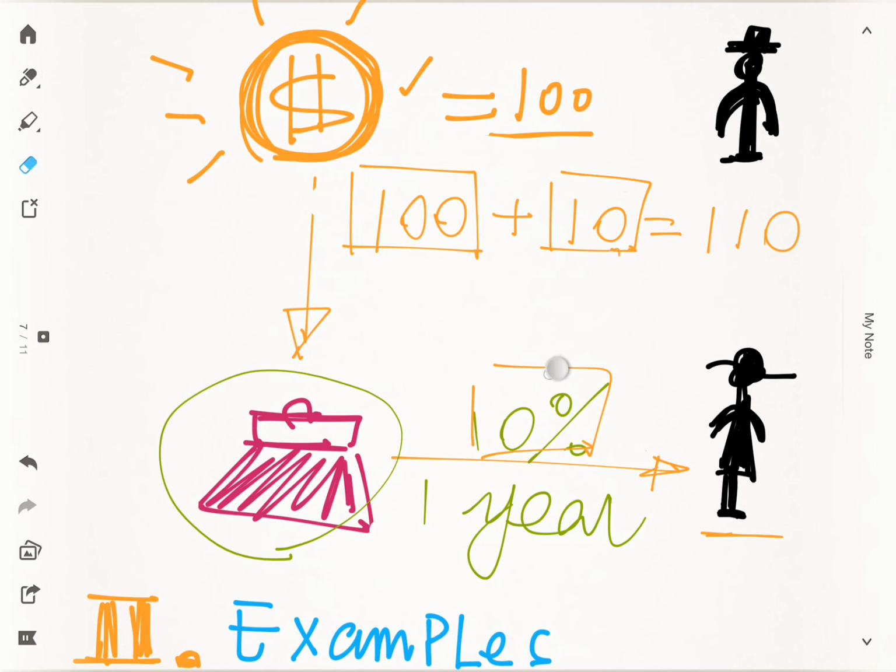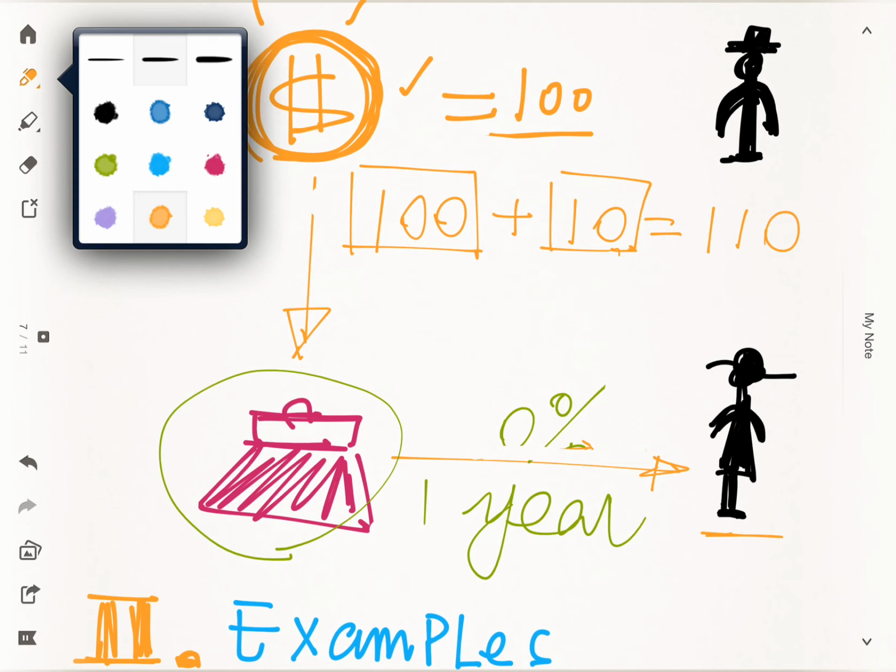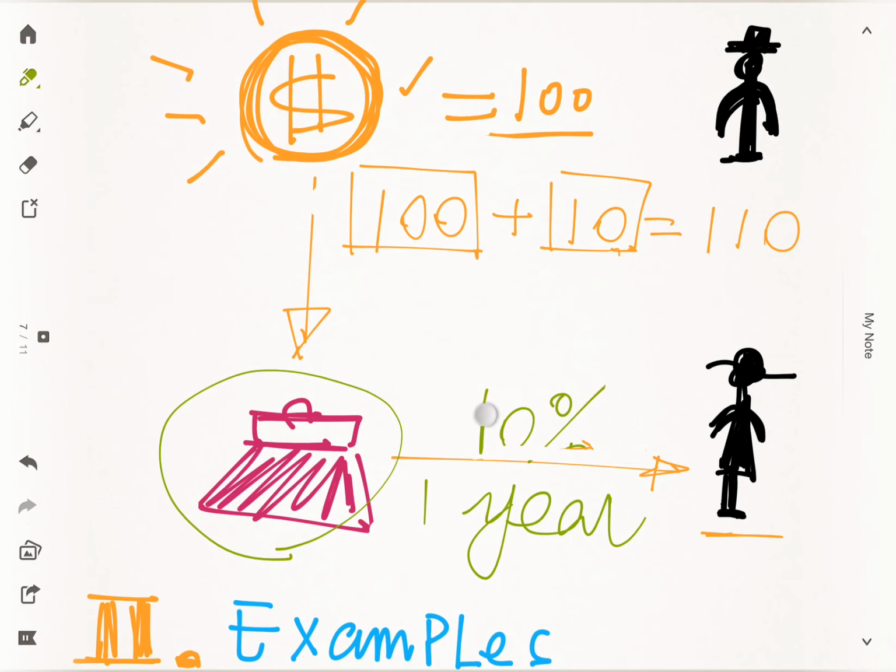What if the woman wants to hold the money for 2 years, at the same compound interest rate of 10%? Is it exactly $10 as in the first year? No, definitely not.